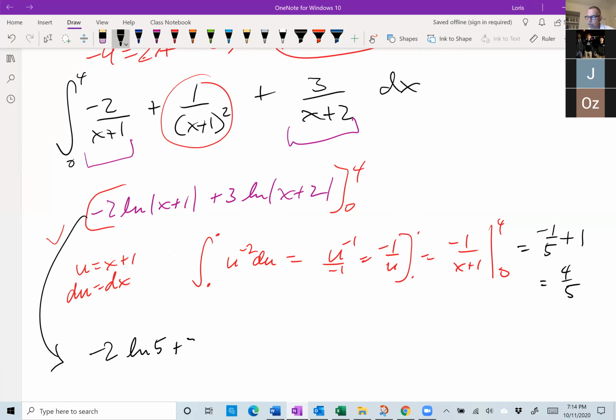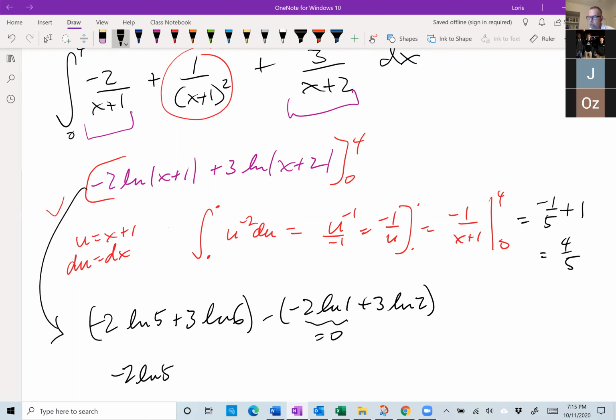Negative 2 natural log of 5 plus 3 natural log of 6, minus negative 2 natural log of 1 plus 3 natural log of 2. And the natural log of 1 is 0. So you get negative 2 natural log of 5 plus 3 natural log of 6 minus 3 natural log of 2. You can simplify this, make this all one single natural log, and then you pull the 4/5 over. That's 4/5. There's your answer.